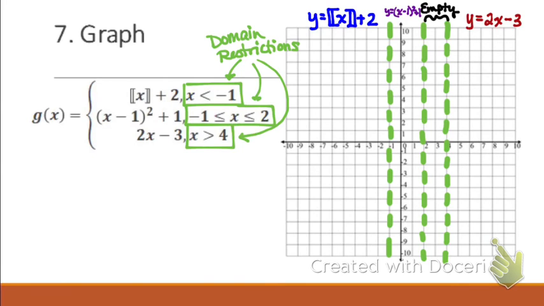What is the greatest integer of -10? -10. So it would be here, but then I do a +2 on it. So I shift it up 2 from there. So it's going to be closed and then open here.